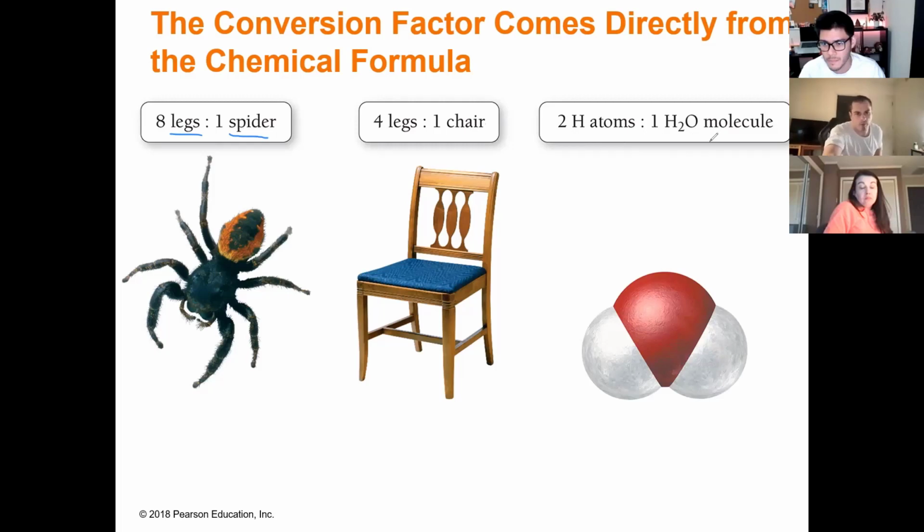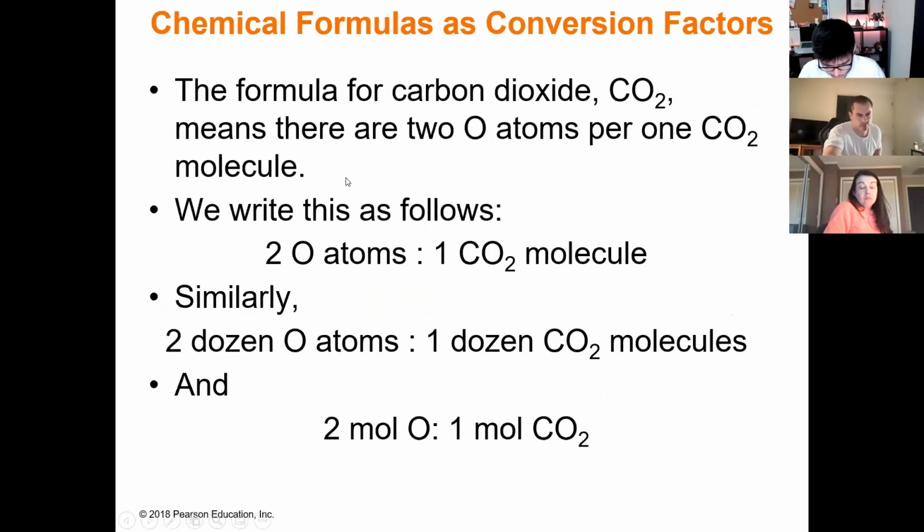The same thing is true when we're looking at a molecule. If we look at 1 water molecule, it's going to have 2 hydrogen atoms. So what if I had 5 water molecules? Okay, if I had 5 water molecules, I'm going to have 10 hydrogen atoms because the subscript tells me how many hydrogens I get out of it. The same thing is true for moles.